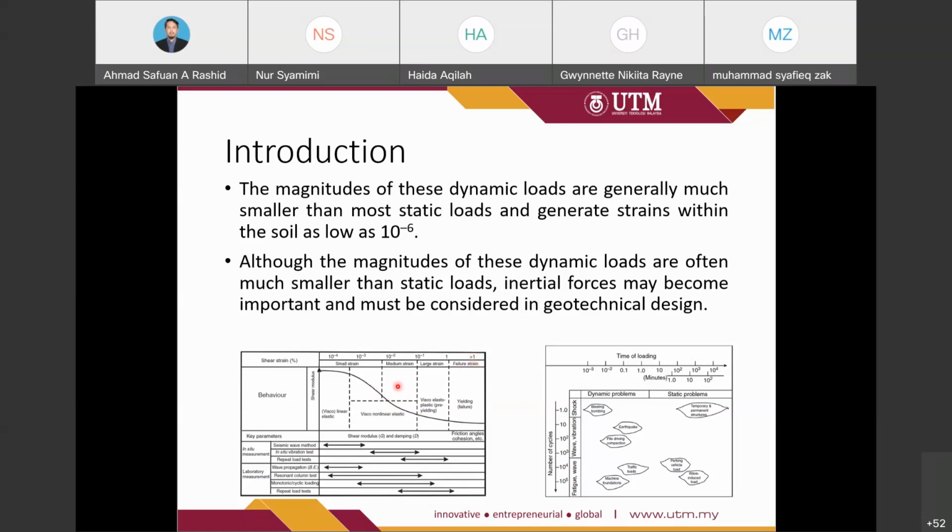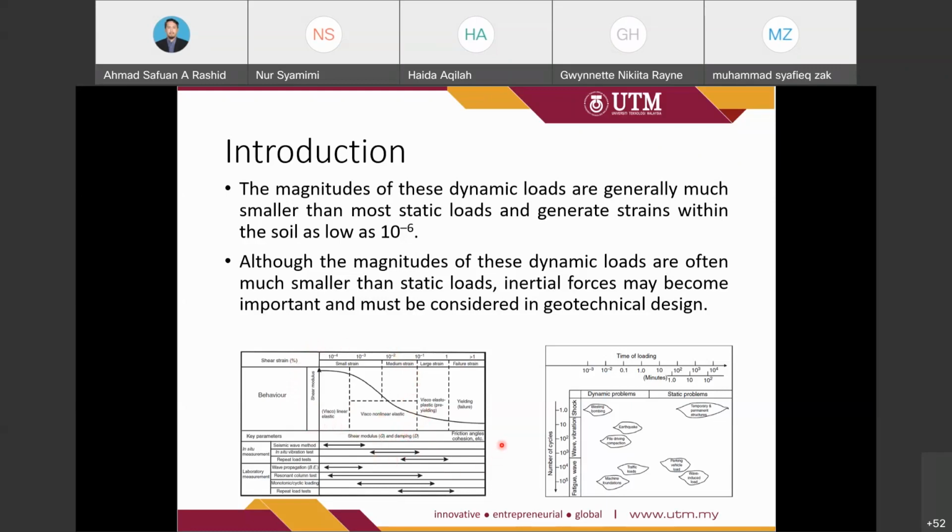So in order to examine the behavior of the soil, we need to determine the key parameters of the soil properties, which are the shear modulus G and the damping, at this range of strain value.